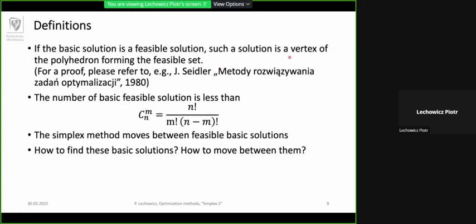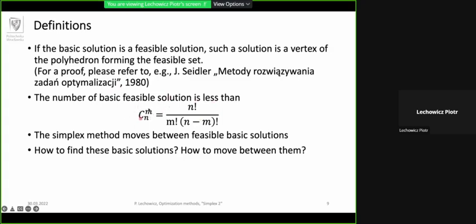So we find a basic solution for the system of equations, and if such a solution is a feasible one, such a solution is a vertex of the polyhedron, which forms the feasible set. So the number of basic feasible solutions is n choose m.